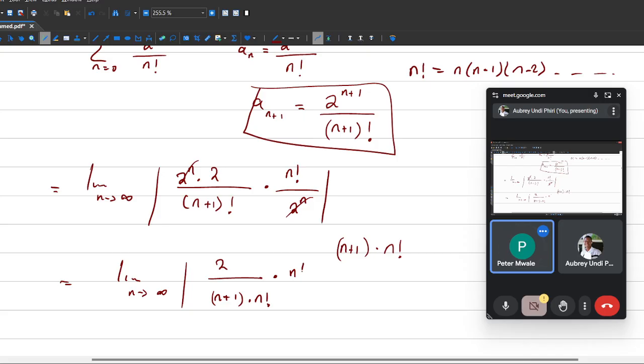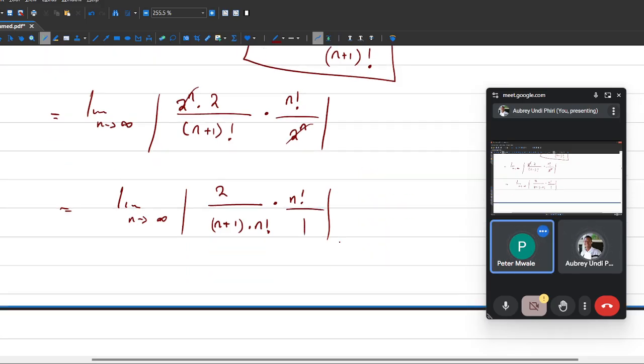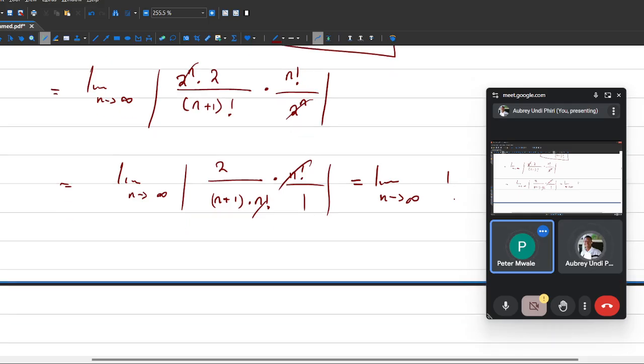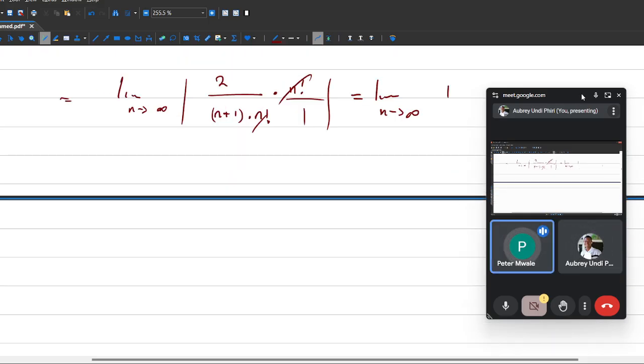Yes. So that's what I wanted to confirm. So this factorial and this will go, and we'll remain with the limit as n approaches infinity of 2.